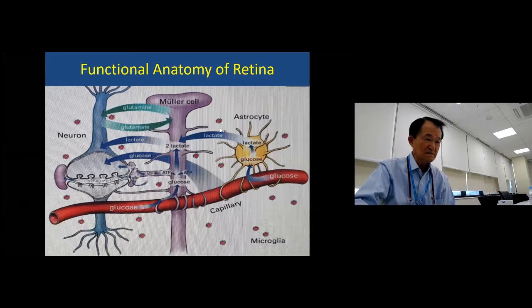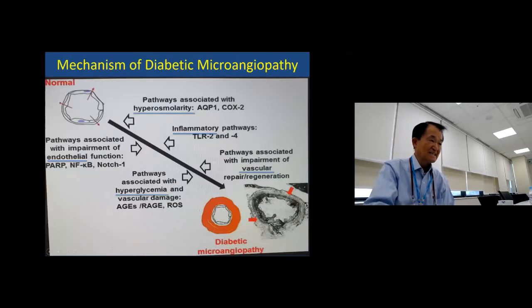It's toxic, and this toxicity damages all the tissues and the vascular walls. And so normally we have a thin wall, with endothelial function regulated by genes such as NF-kappa B, and that's it.